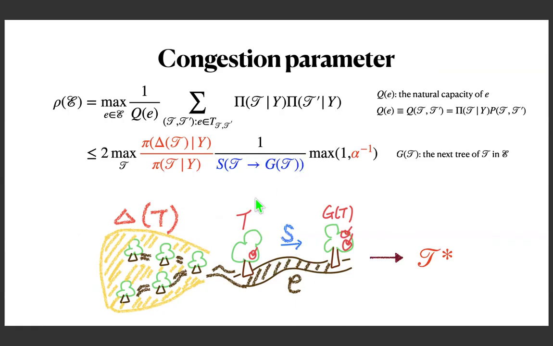The second is that in order for a tree to go through it, this edge should be proposed. If this specific edge is proposed more often, then we will have much less congestion. And even if it is proposed, if it is not accepted, then it's not useful. So a higher acceptance rate will also reduce the congestion parameter.